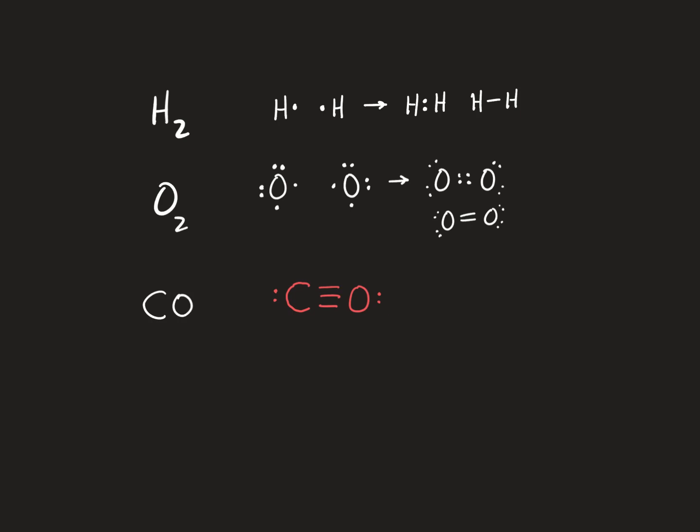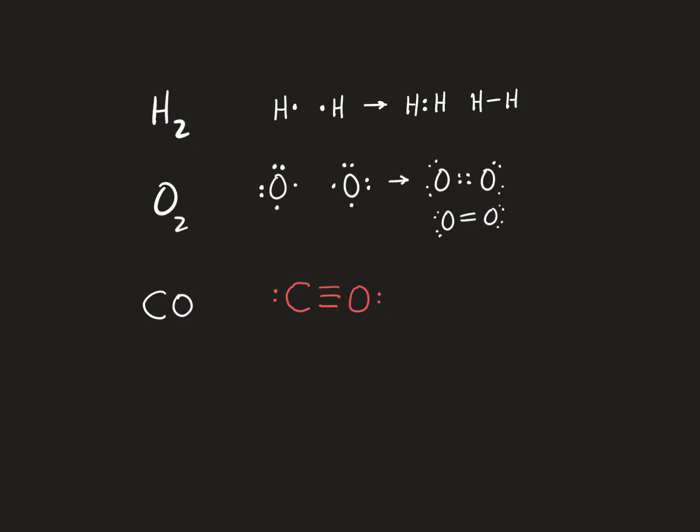Okay, so on this page, we've got a single bond with the hydrogen, we've got a double bond with the diatomic oxygen molecule, and we're seeing a triple bond with the carbon monoxide. Trust me, we're going to do a lot more of this. I just wanted to give you some examples, and what's probably most important about any of this is that you can see that we're forming chemical bonds that do not involve ions anywhere, okay?